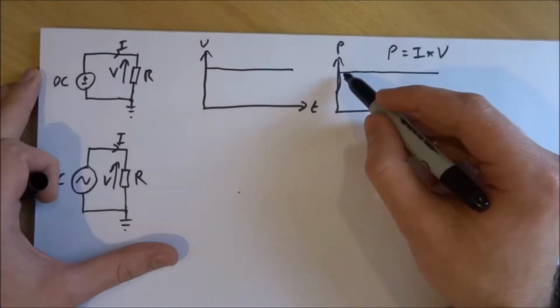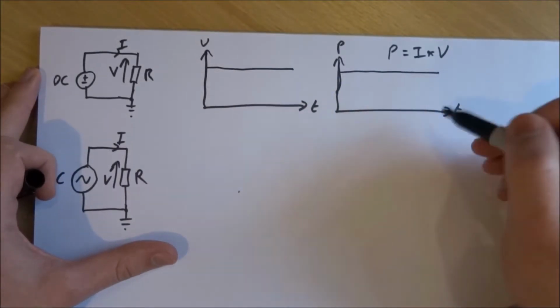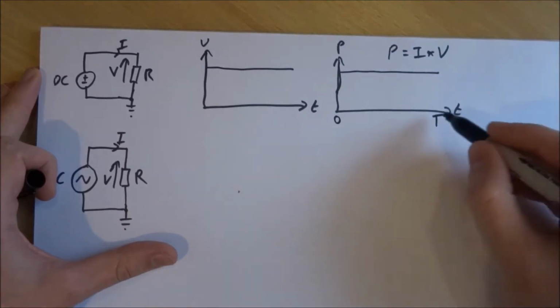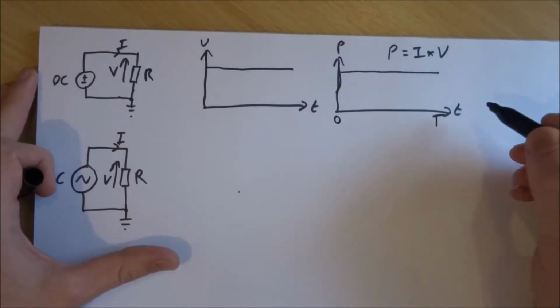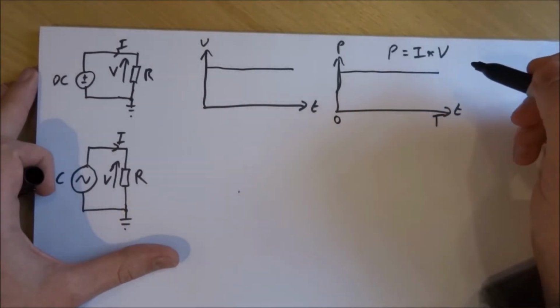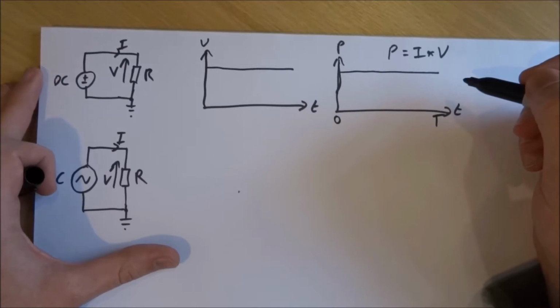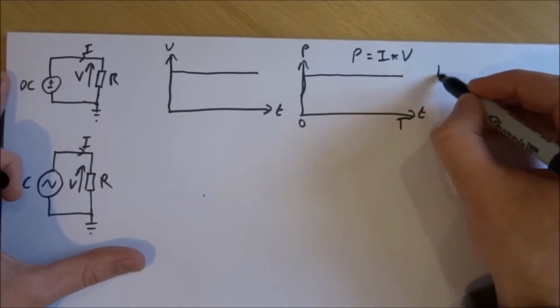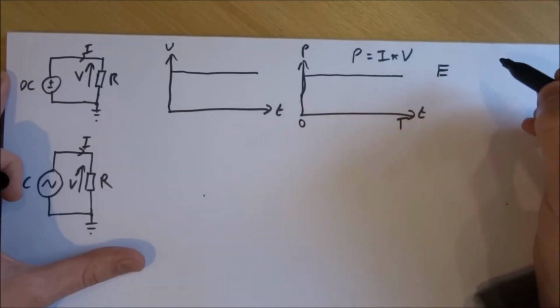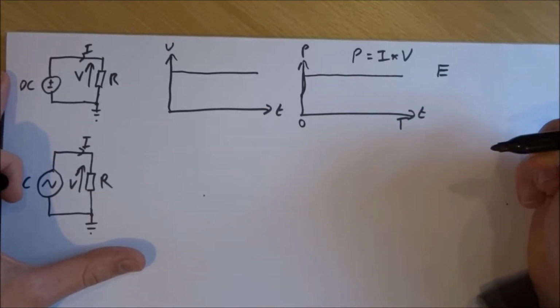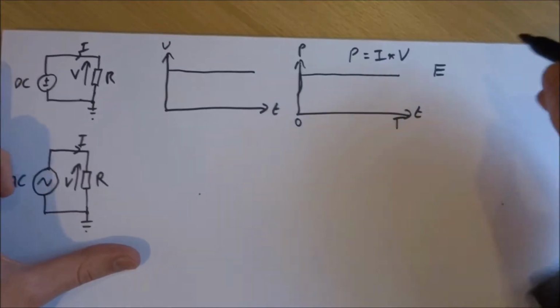If the power is being dissipated in the resistor over a certain time period, which we will label as some arbitrary value of T, capital T, which is the typical symbol for a time period of some amount, then there will be a certain amount of energy which is dissipated in that resistor over that time period. The amount of energy, which in this case we'll call E for energy, which is dissipated in that resistance over a time period T, is obtained by integrating the power waveform.